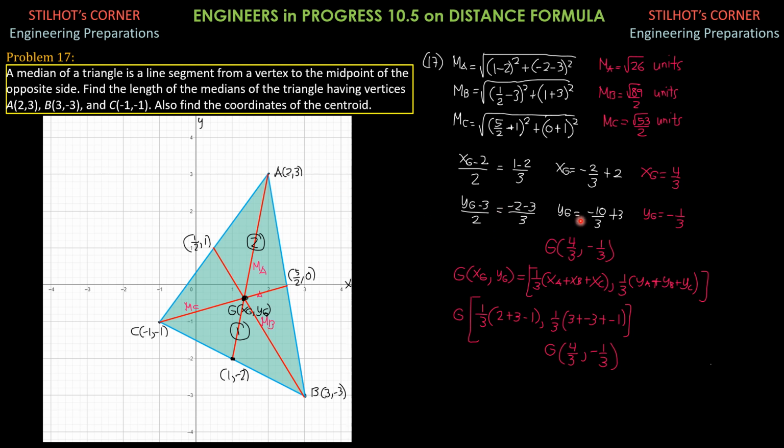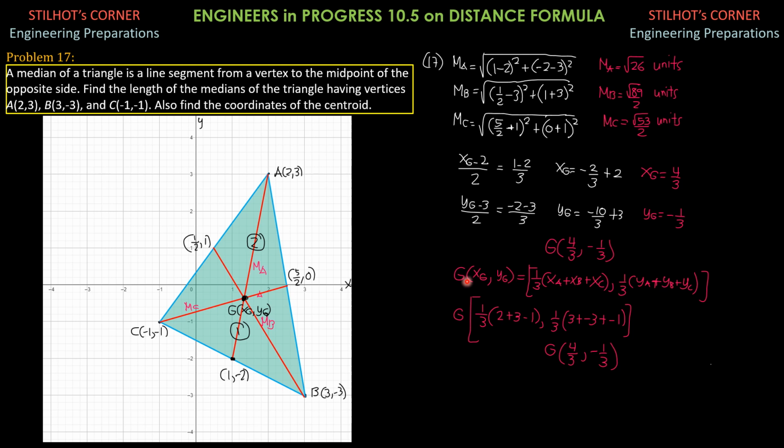You will get, cross multiply, 2 times negative 5, so negative 10 over 3, then plus 3 transpose. So you'll get negative 1/3 for yG. So the centroid of the triangle is at 4/3, negative 1/3.